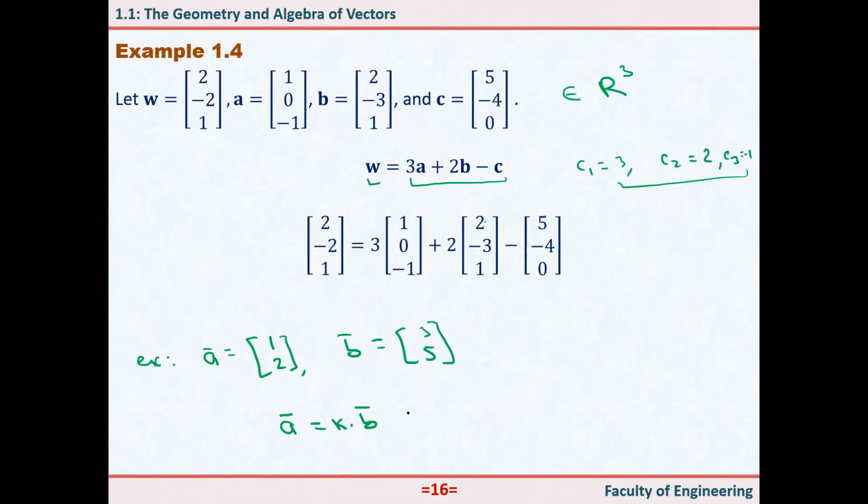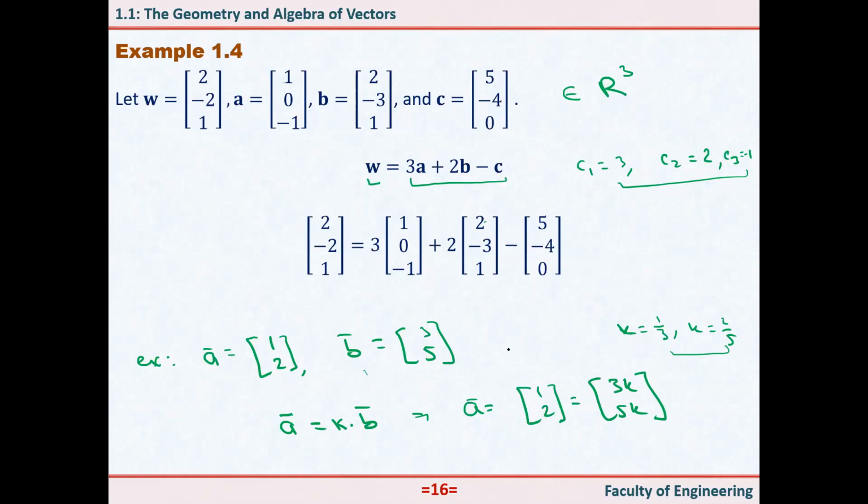Because A is equal to 1, 2. If you multiply B by K, here we will have 3K, here we will have 5K. From the first part, K equals 1 over 3. From the second one, K equals 2 over 5. We know that K, just one number, cannot be equal to two numbers at the same time. So that means that A cannot be a linear combination of B.